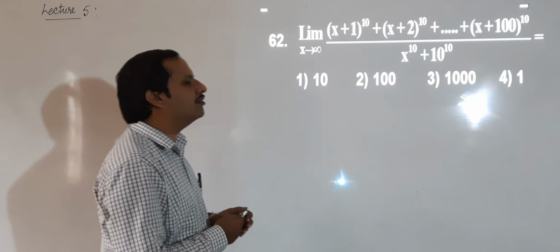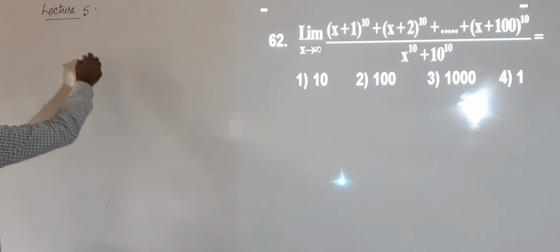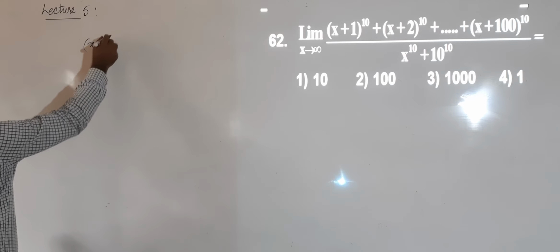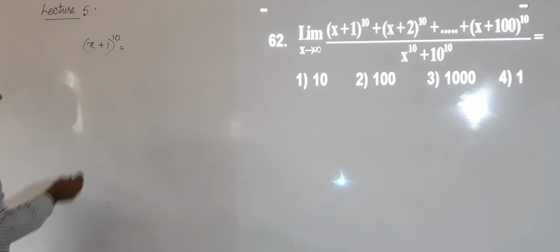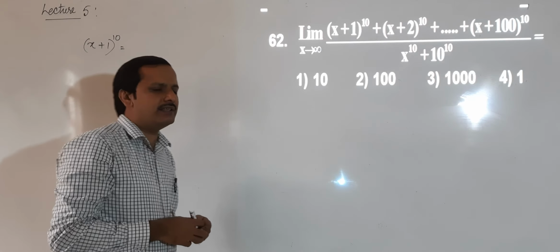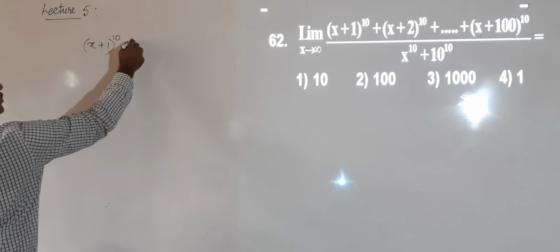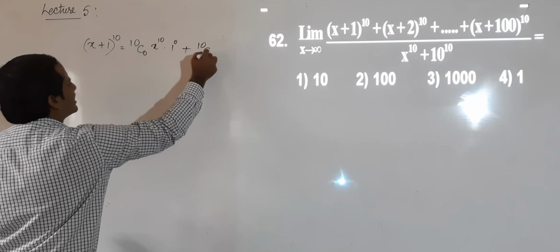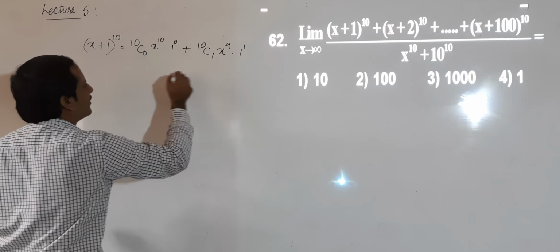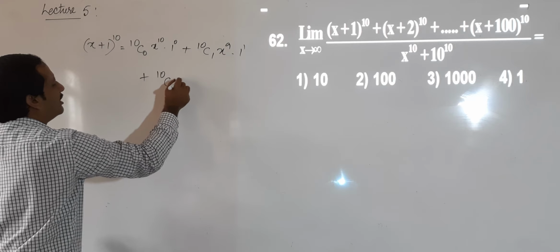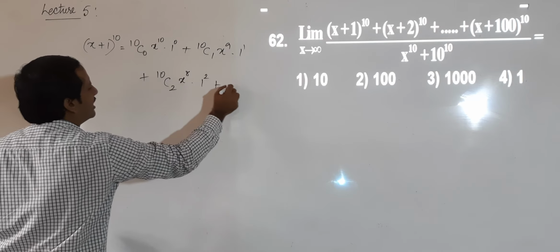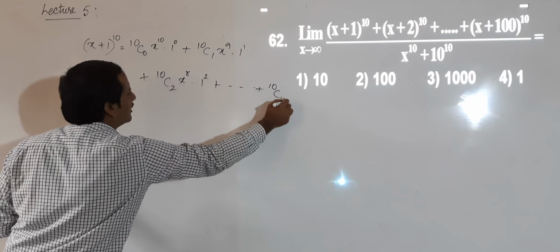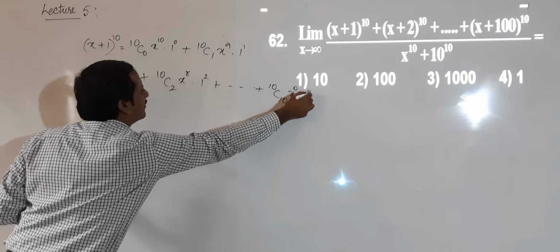Just observe the expansion of x plus 1 whole power 10. If I expand this, a few terms are 10 c naught x power 10 1 power 0 plus 10 c1 x power 9 1 power 1 plus 10 c2 x power 8 1 square, etc., till 10 c10 x power 0 1 power 10.